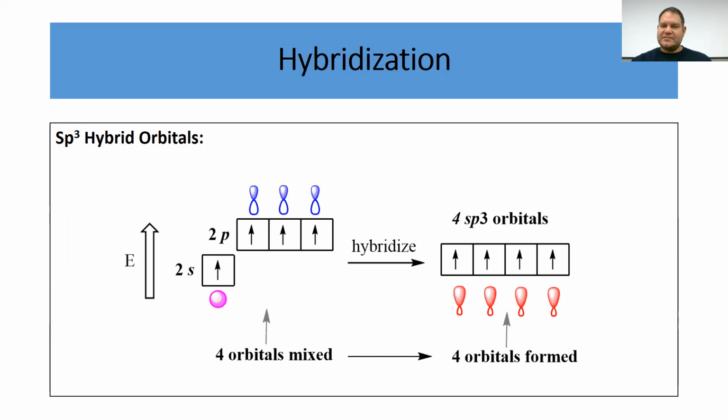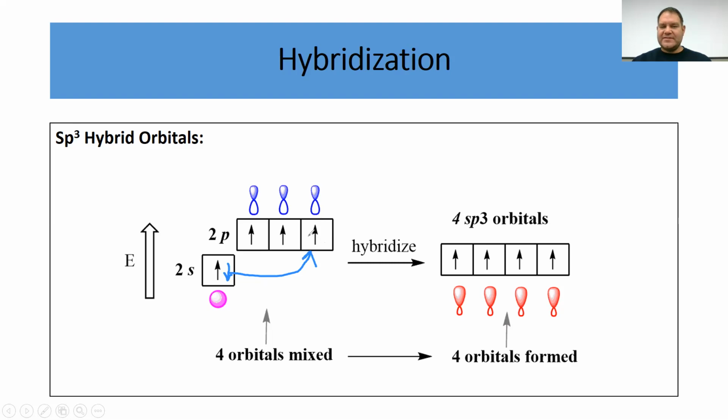This diagram represents what we just went through, except what you'll notice is that the original 2s is missing an electron. That is because before hybridization really occurs, the electron that was here becomes excited and is promoted up into the 2p orbital, okay?